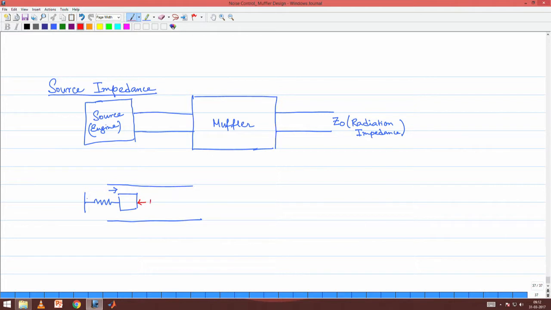But let us look at the converse picture. Once this mass vibrates and there is acoustic pressure produced in this acoustic duct, there is an additional force acting on this mass. On top of the structural force indicated in blue, there will be an acoustic loading also, right, because now the mass is subjected to two kinds of forces.